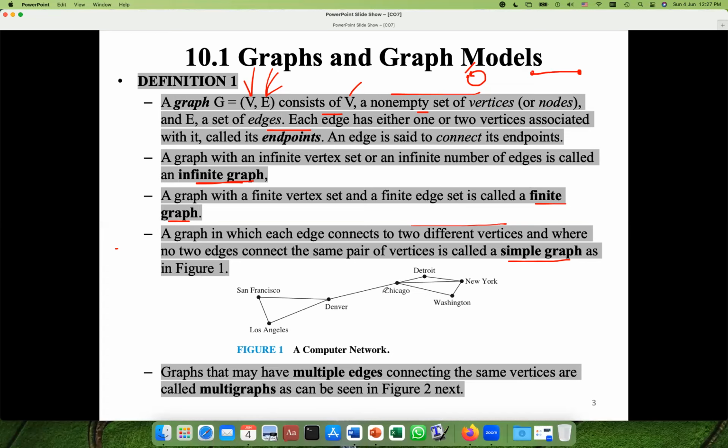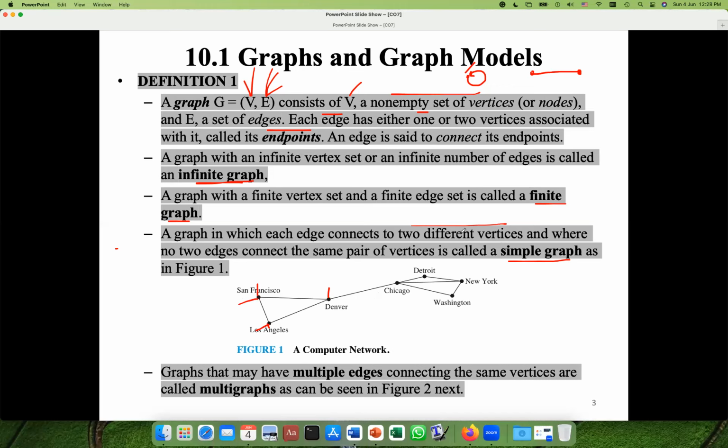Yes, it is a simple graph. For example, here you have these nodes, and this edge is connecting this one and that one. And this edge is connecting this one and that one. Now the nodes are different. This edge is connecting this one and that one. Nodes are now different.